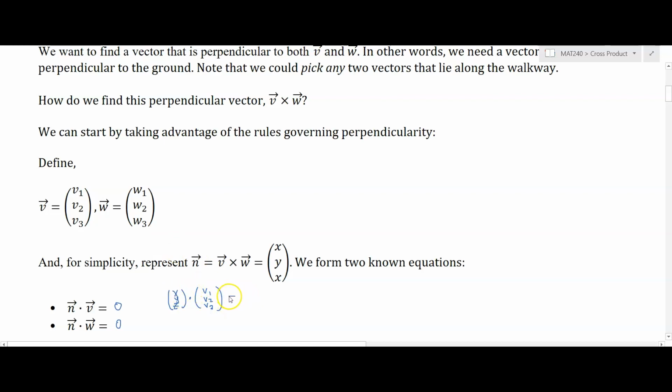When we multiply these together, we get v1x plus v2y plus v3z, and that has to equal 0. So there is our first equation in the system. So we need to satisfy this. x, y, and z should be chosen so that this dot product works out to be 0.